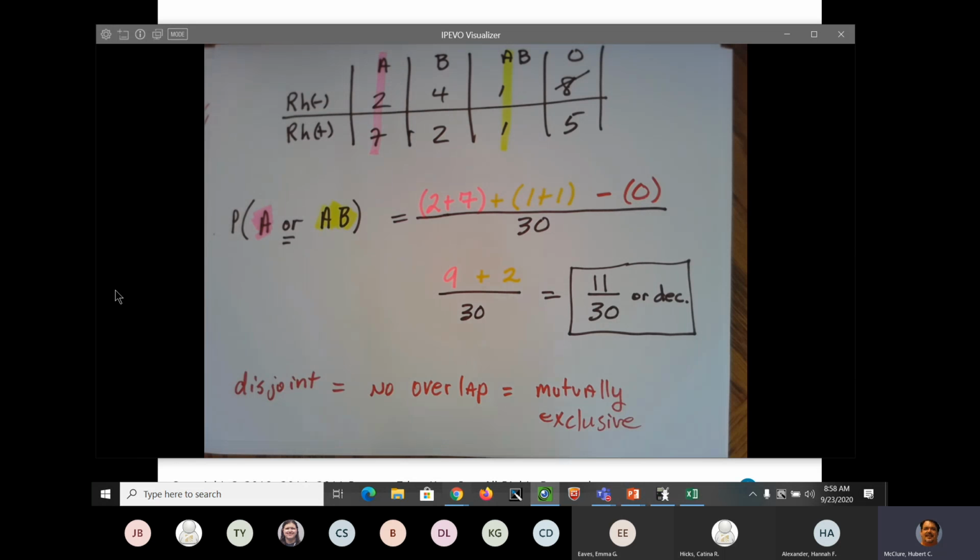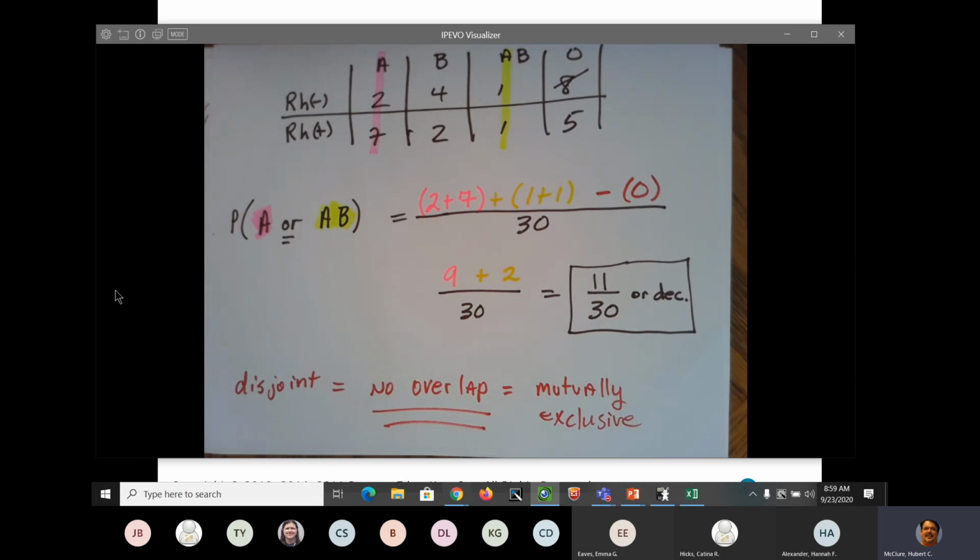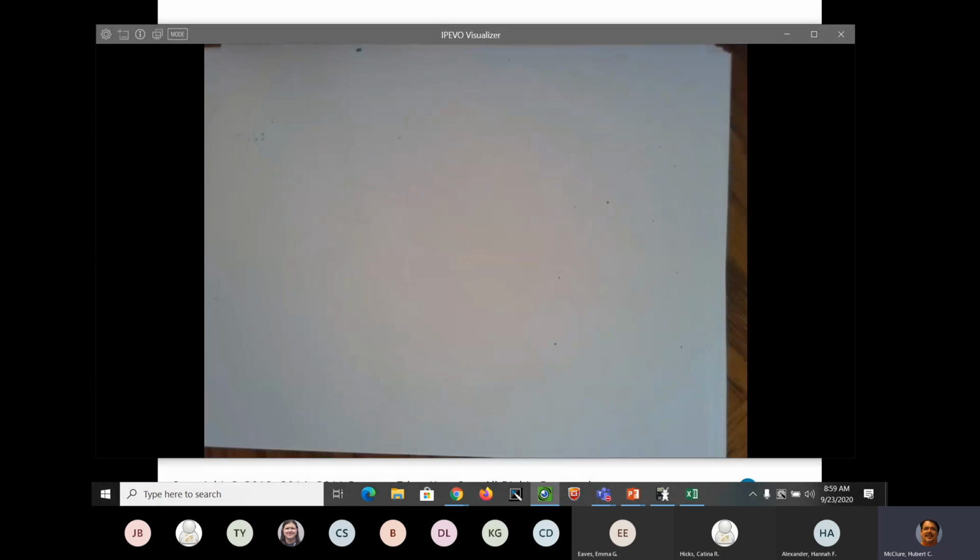All right, now let's do one that does have an overlap. So I'm going to use the same numbers.